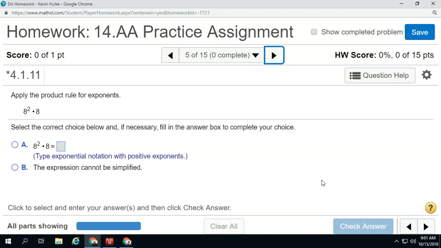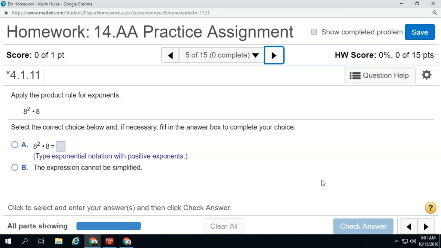What'd you get? No. Type an exponential notation. So they mean something to the something.